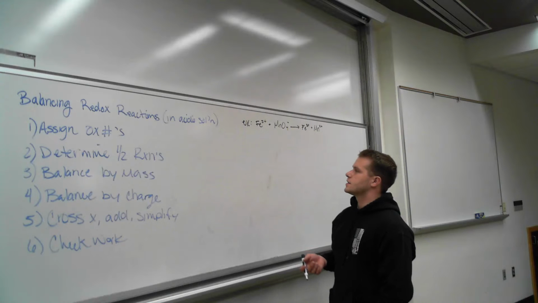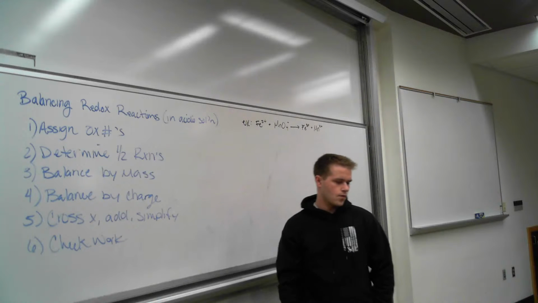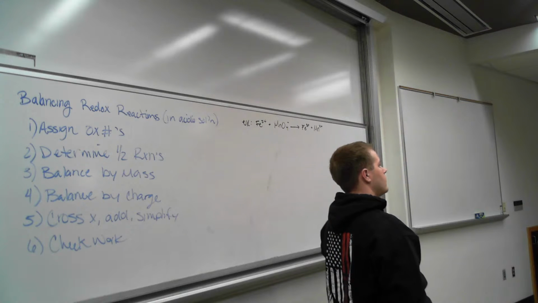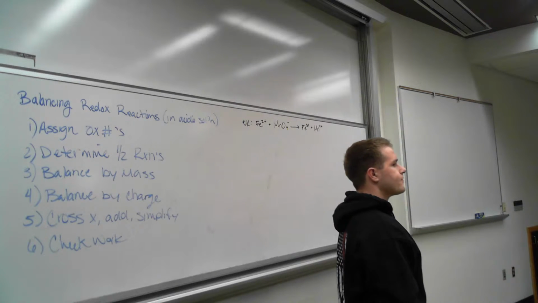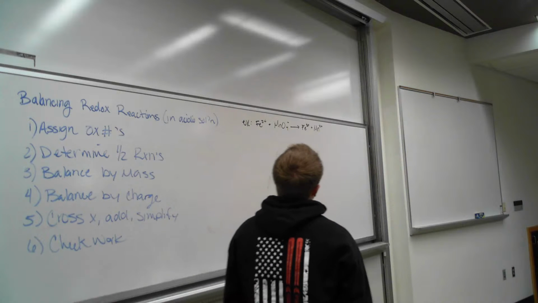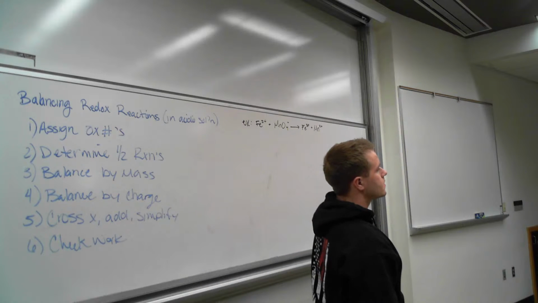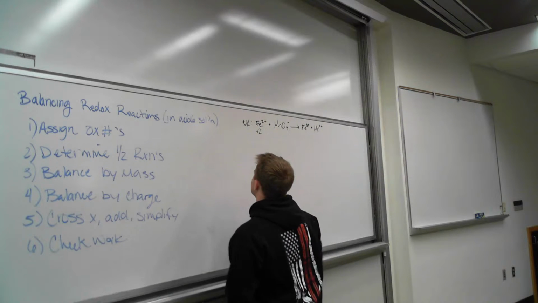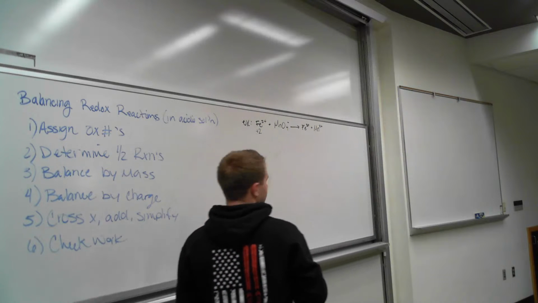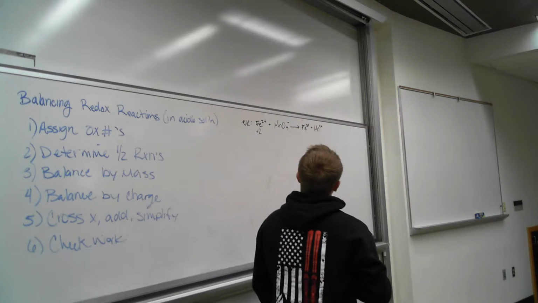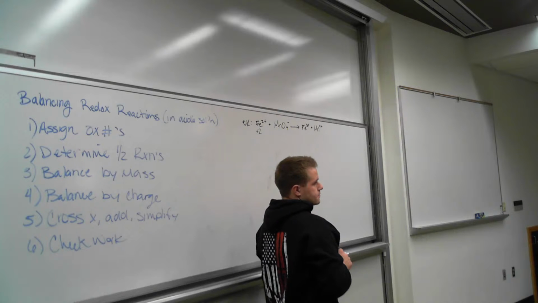So what is our oxidation number on iron 2 plus? Remember, on a monoatomic ion, your oxidation number is equal to your charge. So our oxidation number on iron 2 plus will be +2. How about our manganese and oxygen here? What's our oxidation number on oxygen?